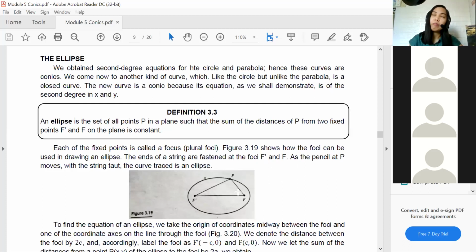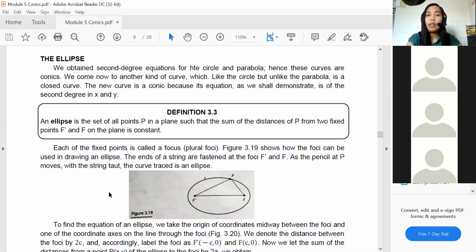So again, last time, pinakita natin yung image ng ellipse, which is the intersection of the right circular cone and a plane. The curve formed from the intersection of a right circular cone and a plane which is not parallel to the generator is called an ellipse.